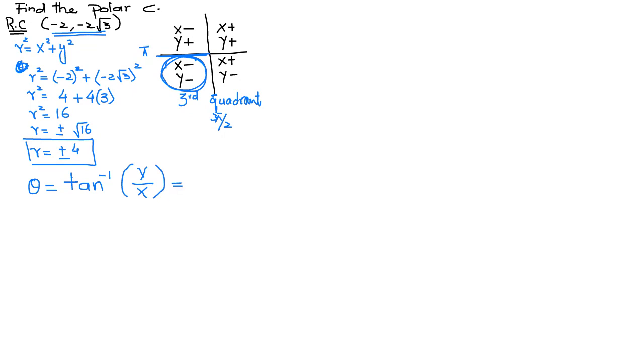If I substitute the values, what is y? y is -2 square root of 3, and x is -2. So -2 and -2 cancel, and theta is equal to tangent inverse of square root of 3. So from the calculator, can you find what the tangent inverse of square root of 3 is?